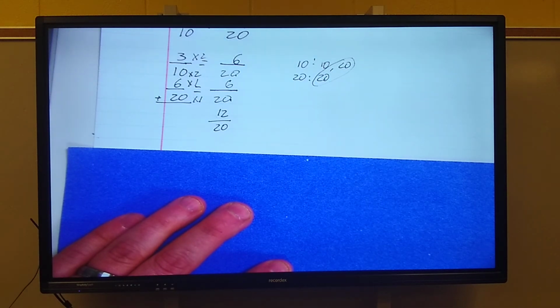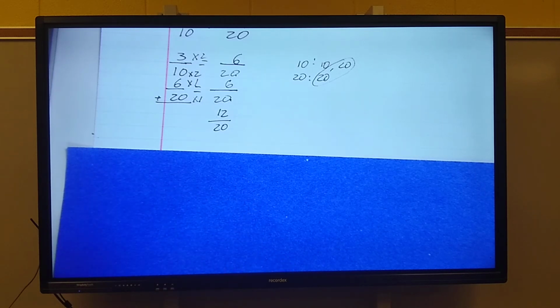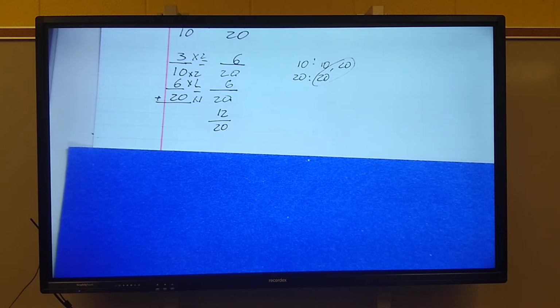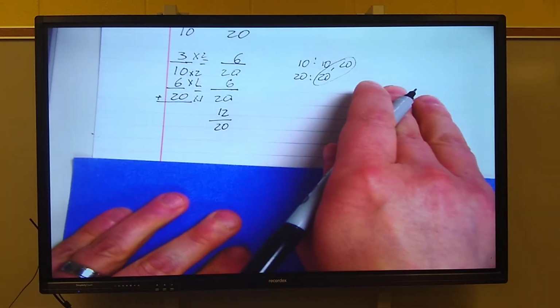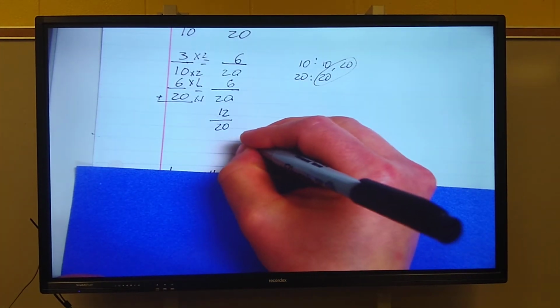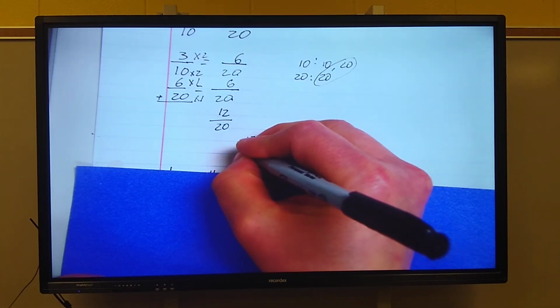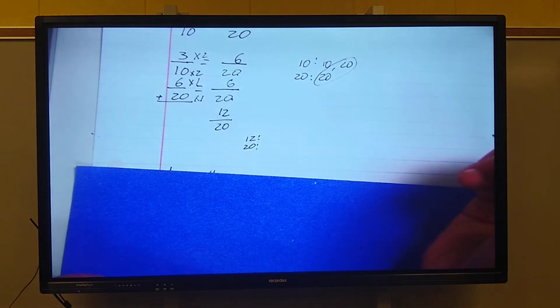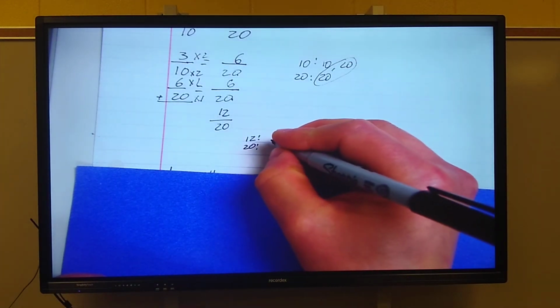Now I have to ask myself the 2 important questions. Number 1 question, is this an improper fraction? The answer is no. Number 2 question, is this in simplest form? I can go ahead and tell you now it is not. We must find our factors of 12 and 20.